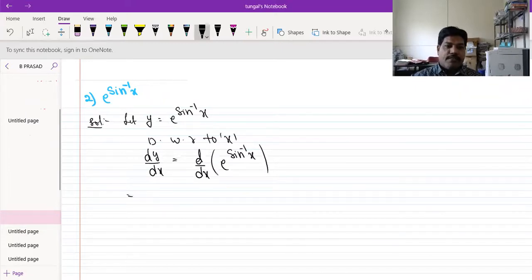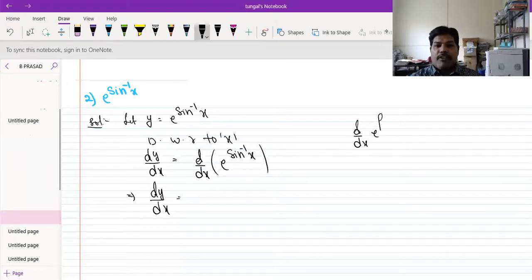So here we need the derivative of e power f of x. Once again, we will use this formula in a number of problems. What is the derivative of e power f of x? That is nothing but e power f of x into f dash of x.